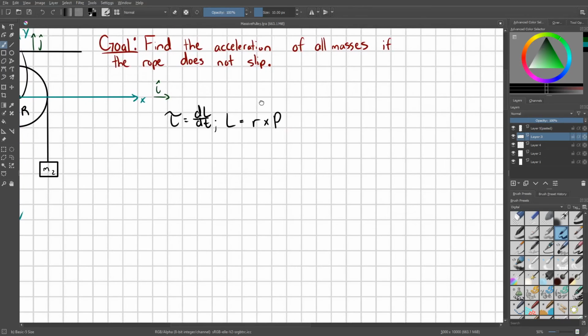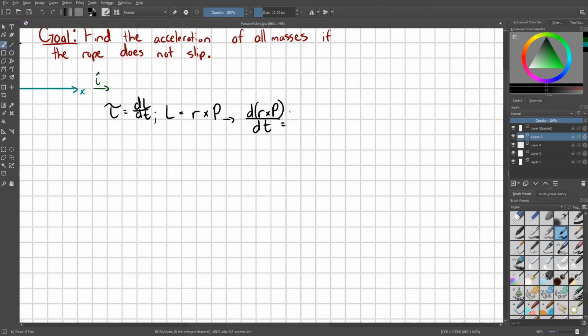So we can go ahead and differentiate this. If we go ahead and use the chain rule, what we can see is that dr over dt is just velocity. p, which is linear momentum, is mv, right?